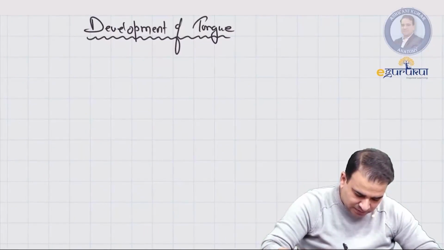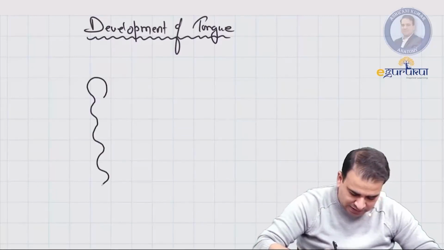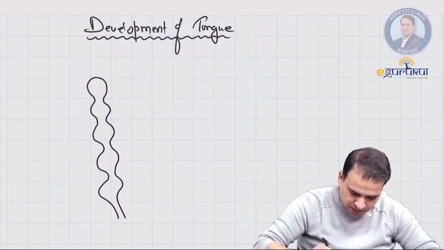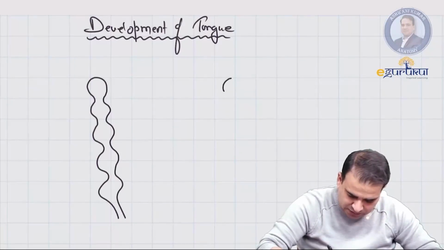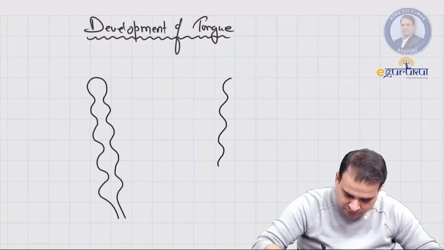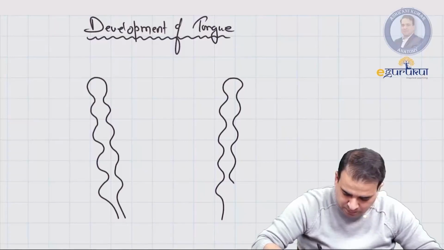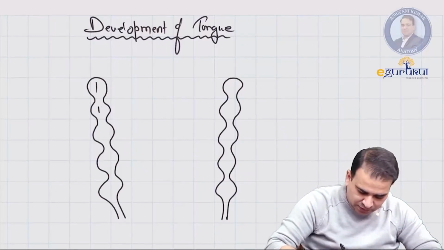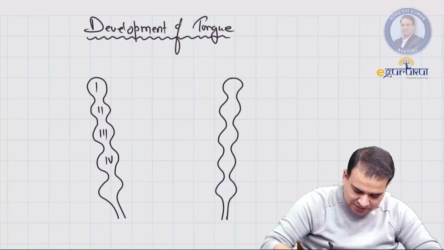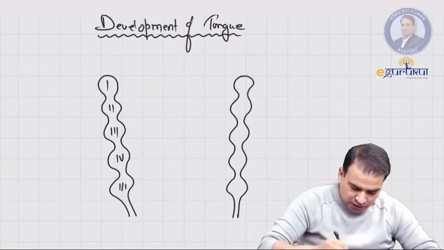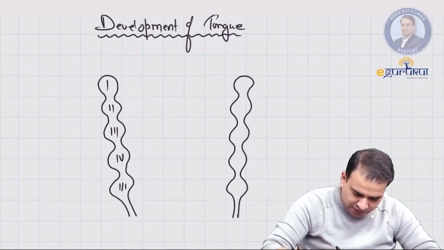Let us say this is the first, second, third, fourth and the sixth arch. And the same here, this is the first, second, third, fourth and the sixth arch. So we're looking at the pharyngeal arches of both sides simultaneously. That's a view from the posterior side. The pharyngeal arches of the right and left side, as we said, are going to fuse in the midline.